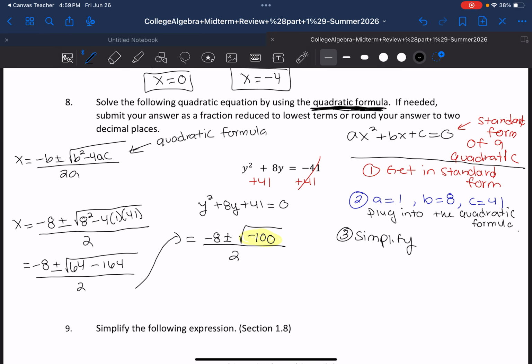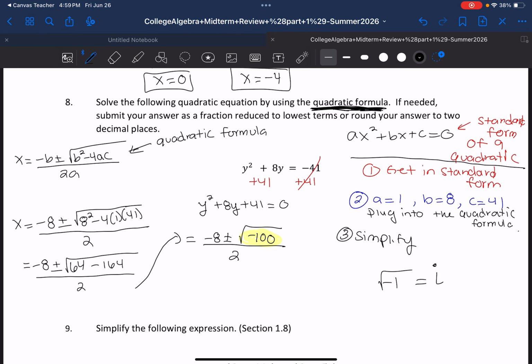I'm just going to put simplified because that's just what we're doing here, simplifying, but specifically now I'm on to simplifying the radical. So first of all, if that was just the square root of 100, that would just be 10, because 10 times 10 is 100. But because there's a negative under there, remember that the square root of negative 1 is equal to i, which is an imaginary number.